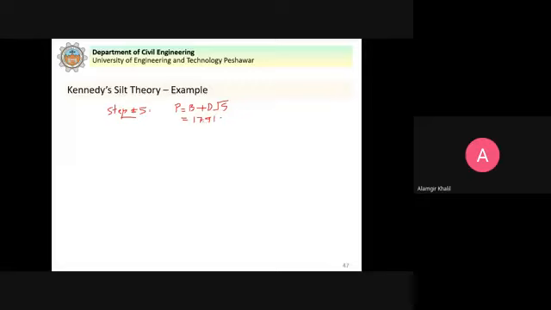And we can calculate the hydraulic radius. So that is equal to A by P. This comes out to be 1.788 meter.